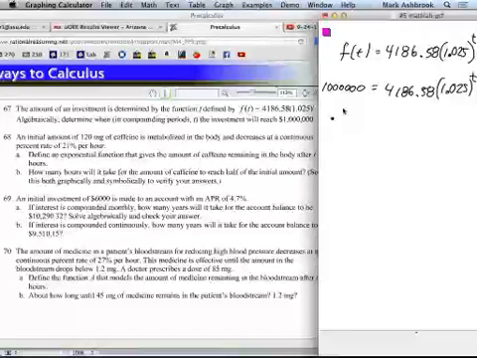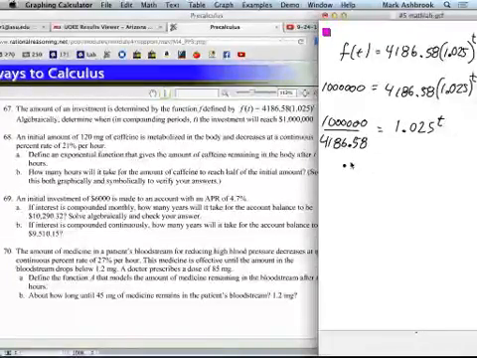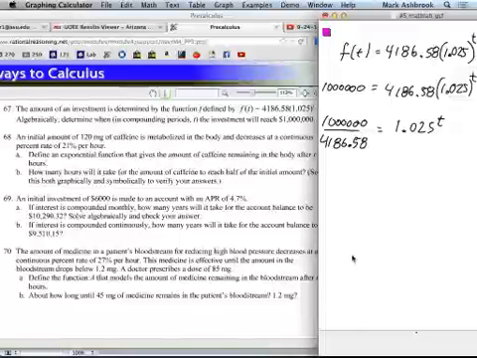First step is to divide this 1 million by 4186.58, and that will equal our 1.025 to the t. Okay, let's get that value. One person, nice and loud. 1 million over, oh, I can do it right here. 238.86. You beat me.